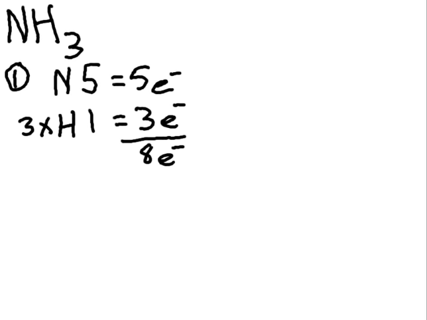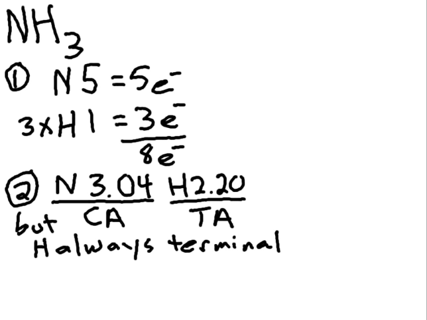That gives a total of 8 valence electrons for each ammonia molecule. In the second step, hydrogen has the lowest electronegativity, but remember that in all cases hydrogen must be a terminal atom, so nitrogen must be the central atom in this molecule.